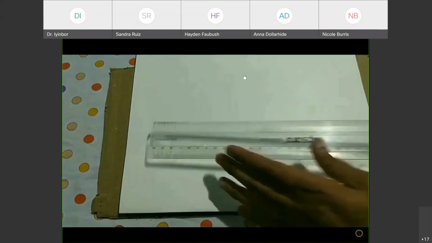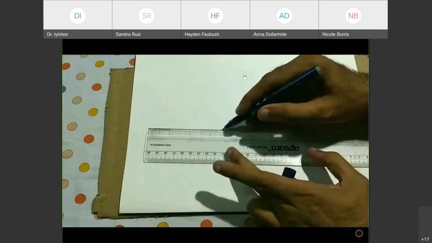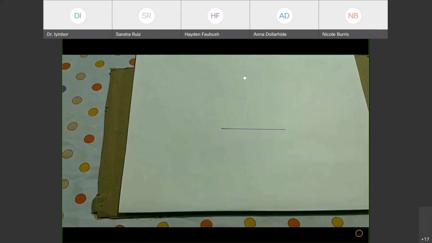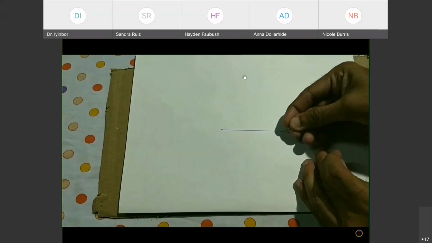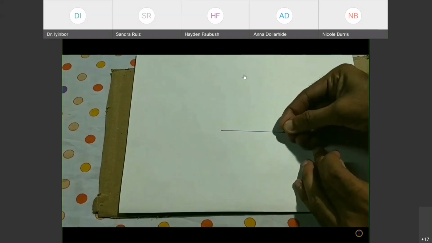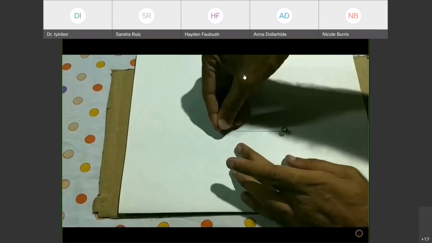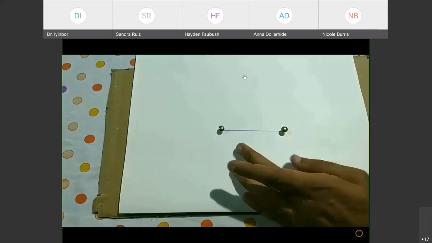So you put paper, you put the center, and you put the foci. And you put the pins. So these are the pins. You put the pins into the foci. Okay? And then you connect it with a string.